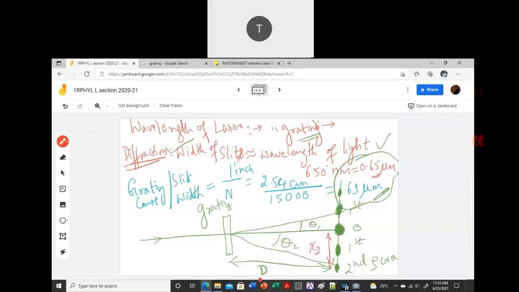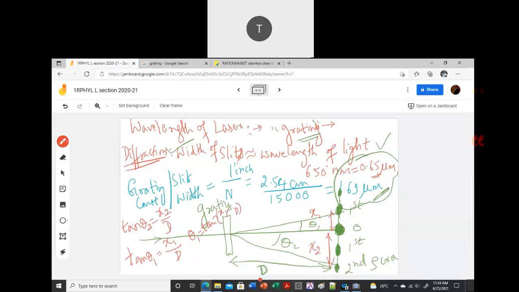X2 is the distance between the 0th order and the second order, and x1 is the distance between the 0th order and the first order. In that case, I can use tan theta. So tan theta 1 will be x1 by D, and in the same way tan theta 2 is x2 by D. Or theta 2 will be tan inverse of x2 by D, and theta 1 is tan inverse of x1 by D.